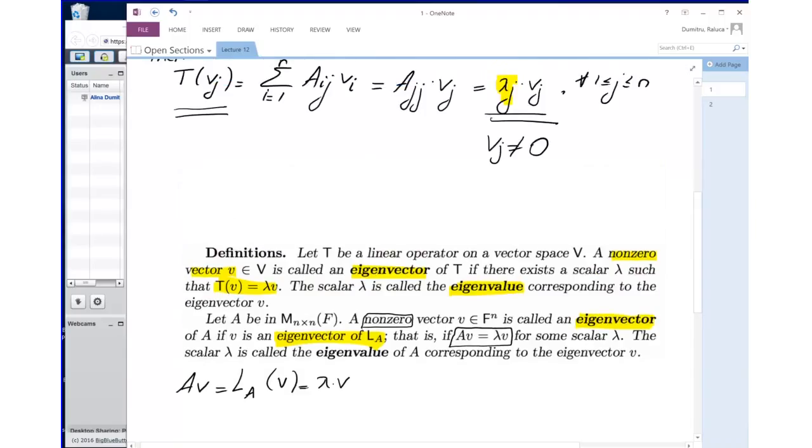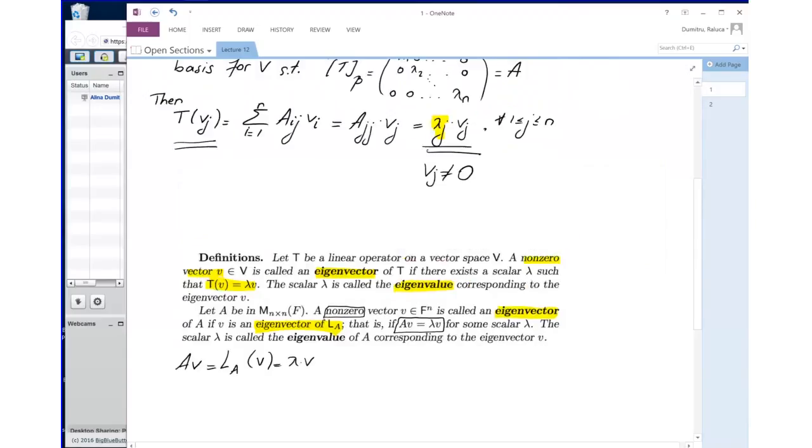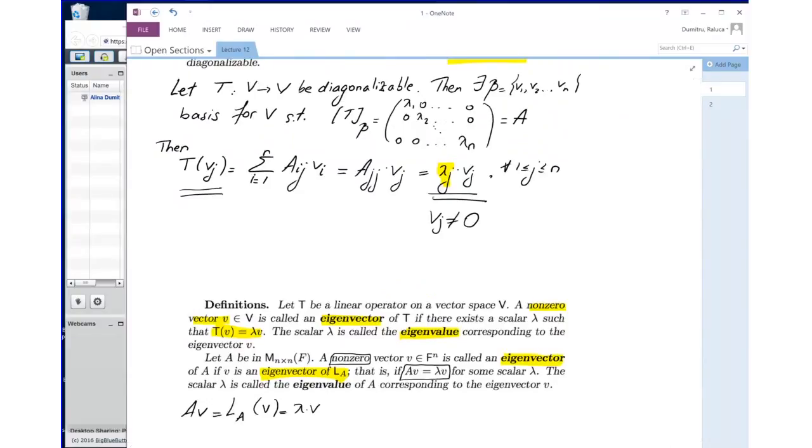All right, so let's try to rewrite everything that we've seen so far. We've seen that in case an operator or a matrix is diagonalizable, that thing up there should happen, right? So every element of that basis should be an eigenvector.